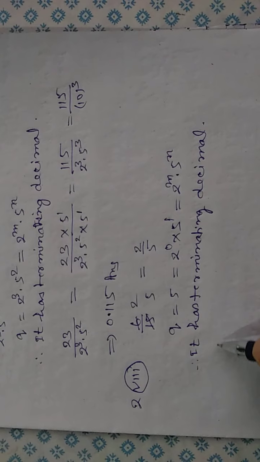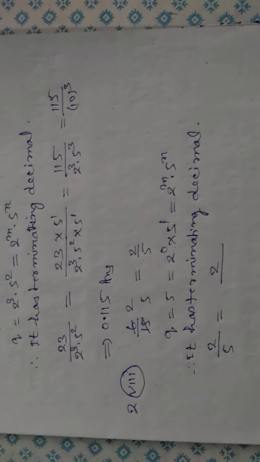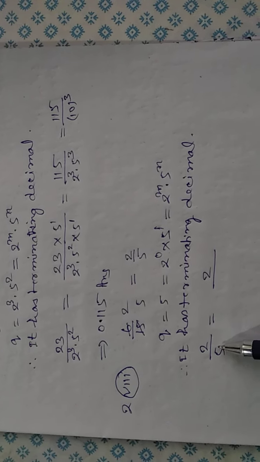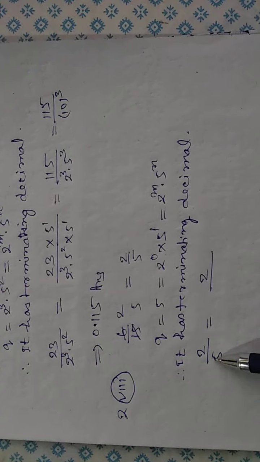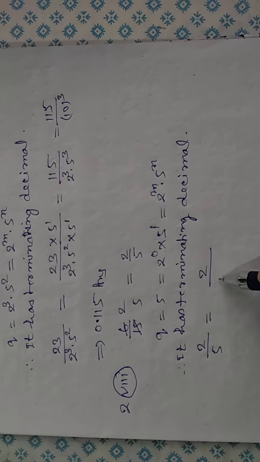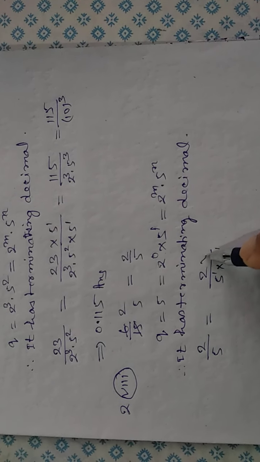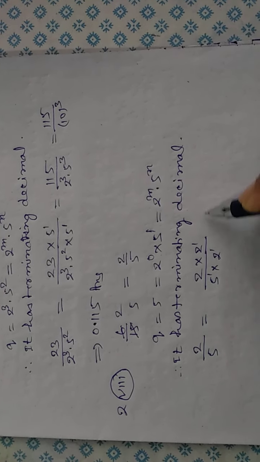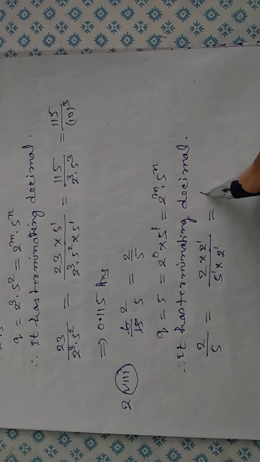Now, 2 by 5 is equal to 2 upon... Now see here, you have to make the denominator 10. The power of 5 is 1, that means 2 to the power 1 should be multiplied in it. So we multiply 5 power 1 by 2 power 1, and in the numerator also multiply by 2 power 1. It is 2 power 1, that is 2; 2 2s are 4.